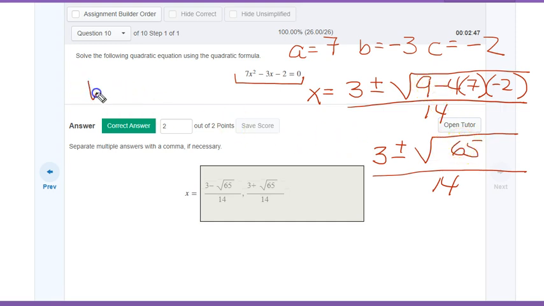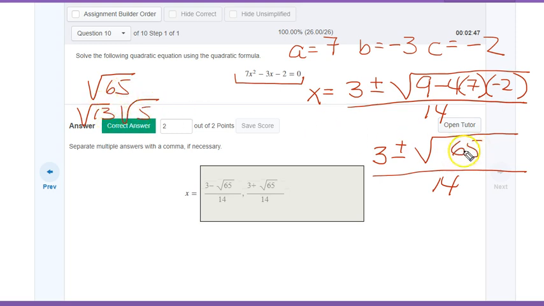Now, again, you're going to be wondering, can 65 be factored into simpler forms? Well, you can get a 13 times 5, which are the factors of this, and neither one's a perfect square.